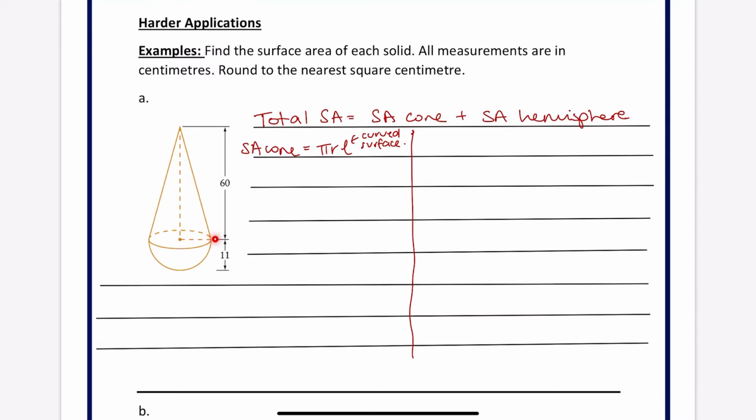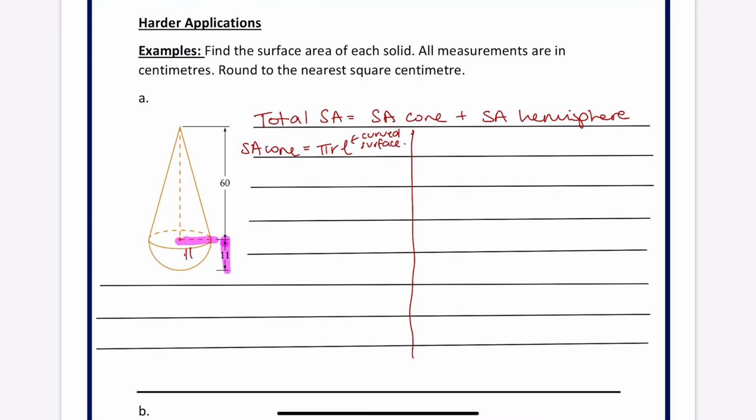The radius here is actually equal to the radius here, the height of the hemisphere, because this is half the circle, the cross section of the circle. So this is our radius, 11. Okay, so I'm going to highlight that. This part here is actually our radius here. So this is 11.